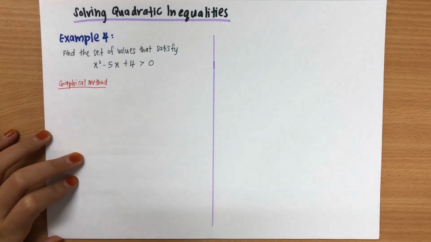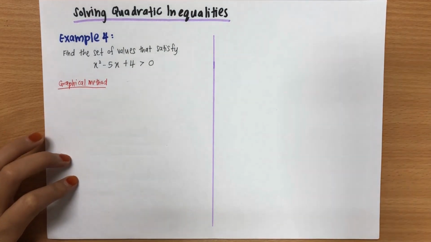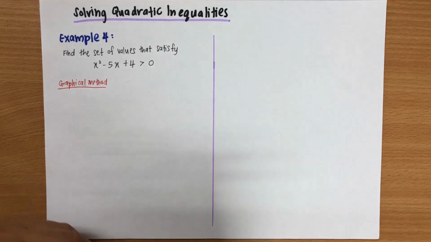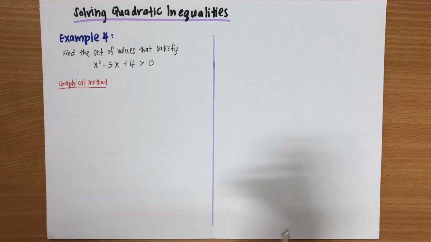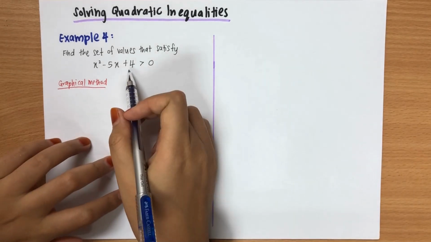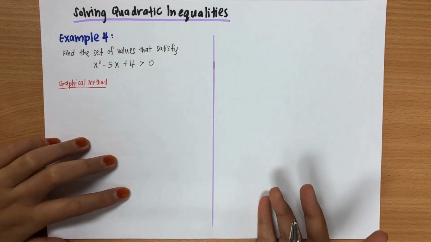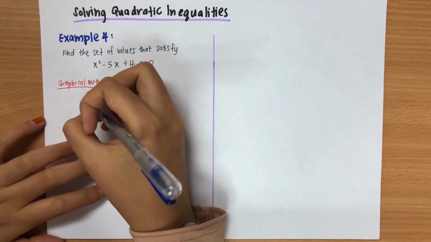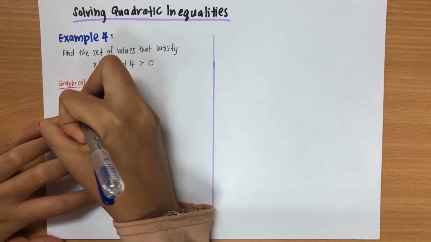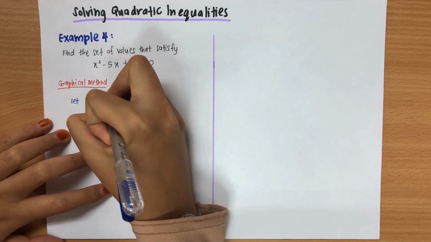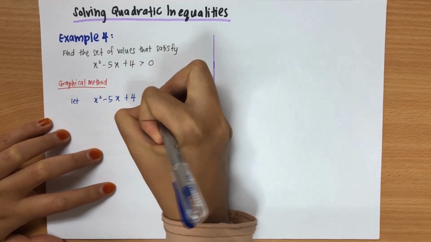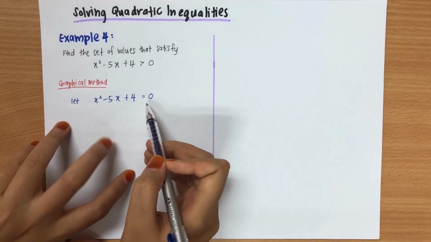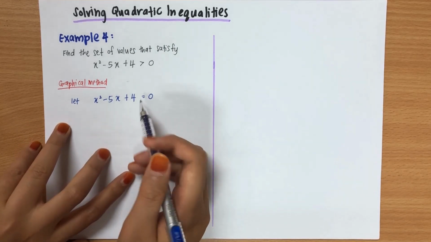To solve by using the graphical method, what we need to do is find the factors of this quadratic equation, and then check by using the graph. So we will let x squared minus 5x plus 4 be our equation.